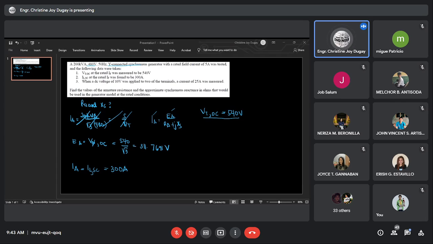Dyan sa number 3, meron siyang nabanggit na when a DC voltage of 10 volts was applied to two terminals, the current of 25 ampere was measured. So using Ohm's law, paano natin gagawin yan?